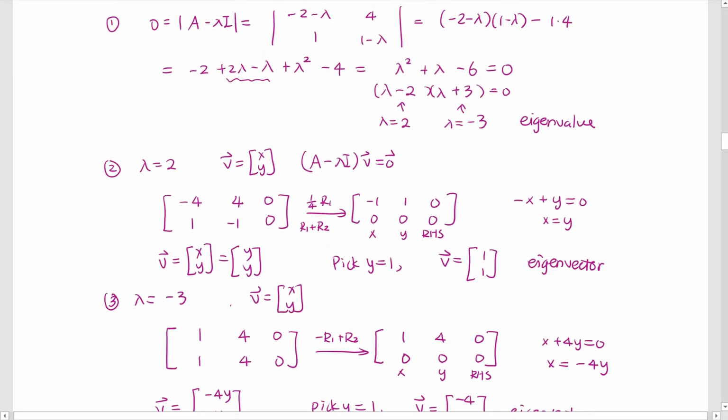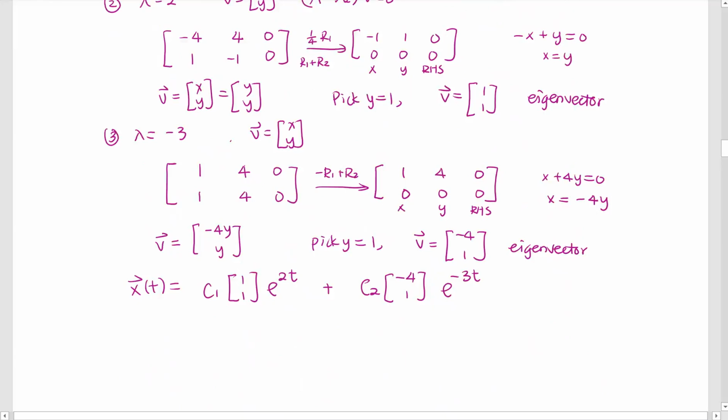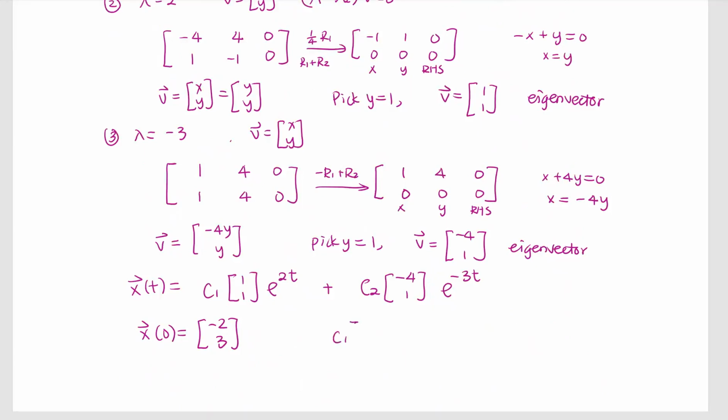So what is our initial condition? Negative 2 and 3. So we plug in negative 2 and 3 there. So we plug in t is 0. Okay, so we get C1 times 1, 1, e to the 0 is 1, plus C2 times negative 4, 1, e to the 0 is 1, and we have negative 2 and 3.